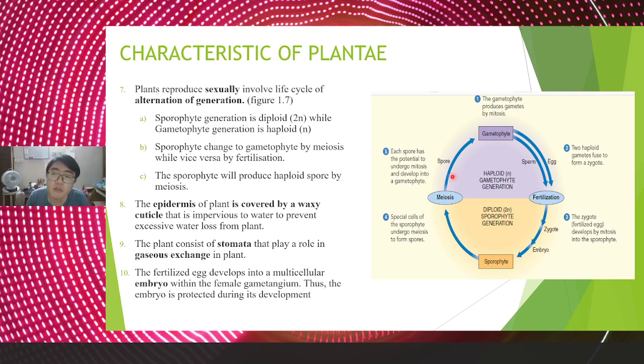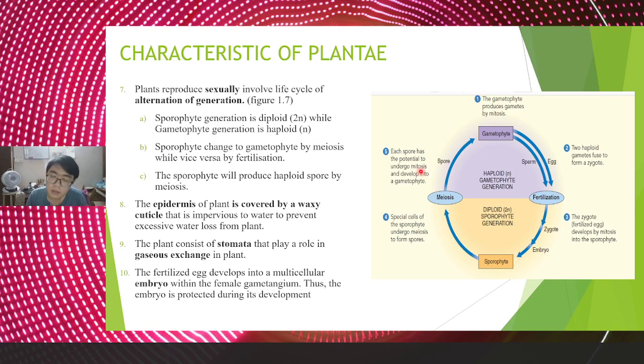The male flowering part will produce the pollen grain. So this is the spore. Each spore has the potential to undergo mitosis and develop into a gametophyte. Gametophyte is what? Pollen grain. Your pollen grain is the gametophyte. If you still remember, the spore produces the pollen grain by undergoing mitosis, not meiosis.